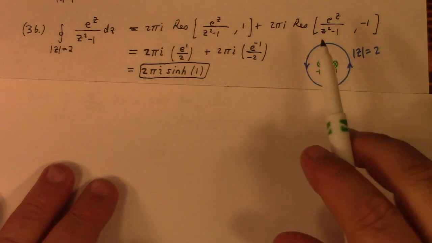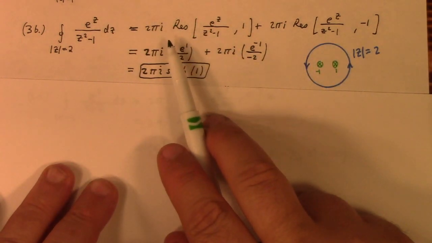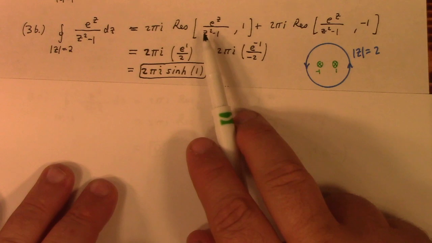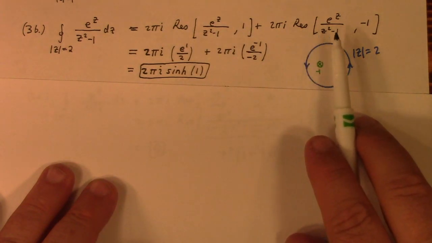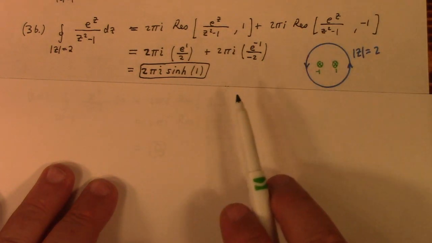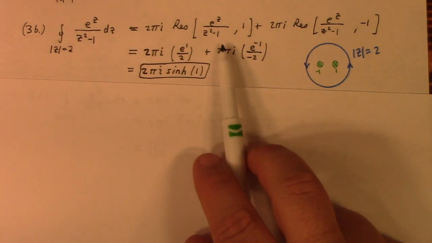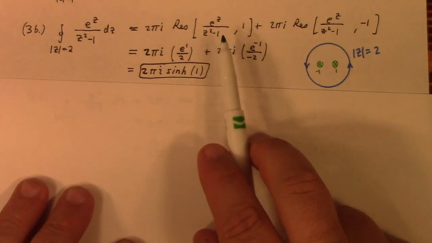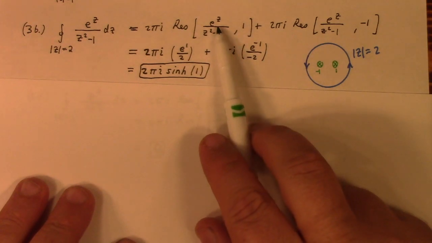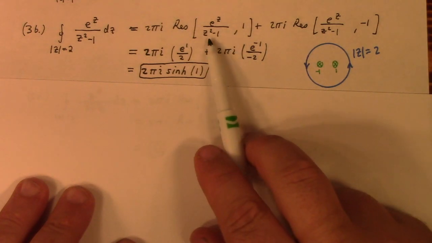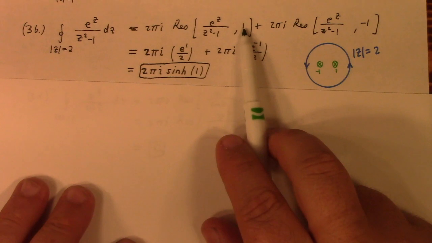So in this case, Cauchy's residue theorem gives us 2 pi i times the residue at 1 plus 2 pi i times the residue at minus 1. And it just so happens that the residues at 1 and minus 1 can be gotten by rule 3, which is the derivative of the function on the top divided by the derivative of the function on the bottom, evaluated at the point.